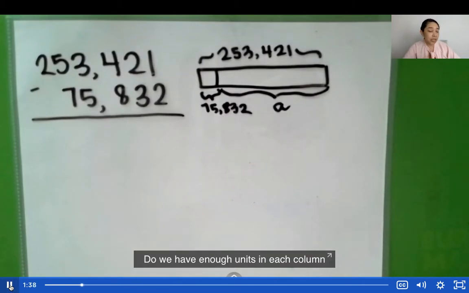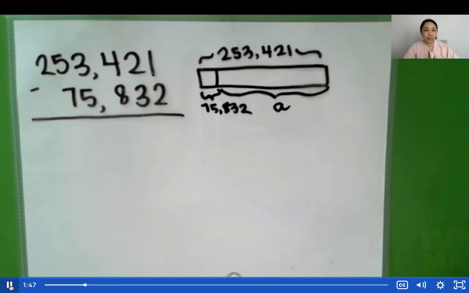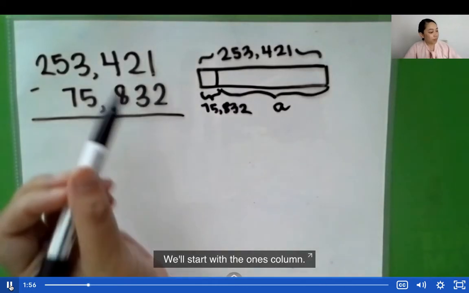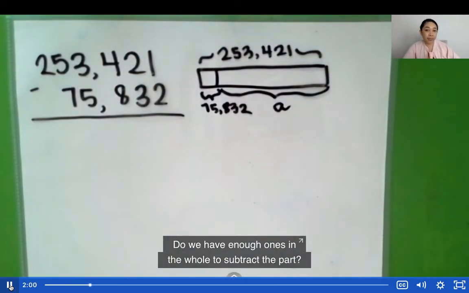Do we have enough units in each column to subtract the part, 75,832? No, we don't. So we're not ready to subtract. But let's get ready. We'll start with the ones column. Do we have enough ones in the whole to subtract the part?